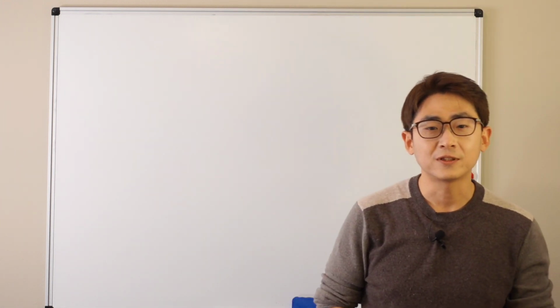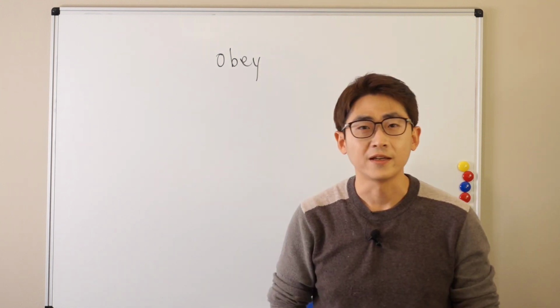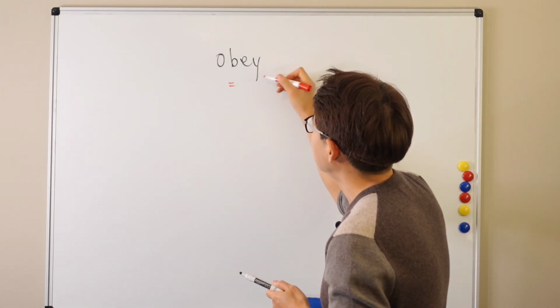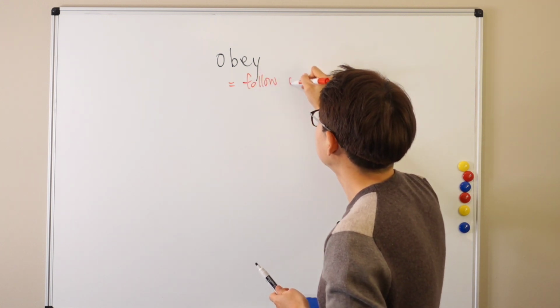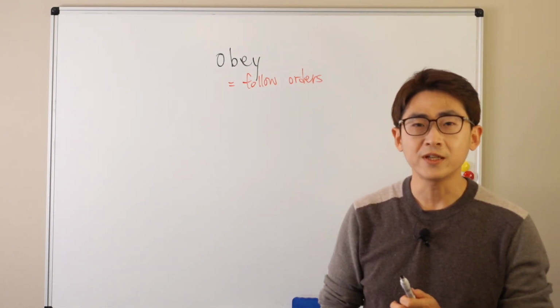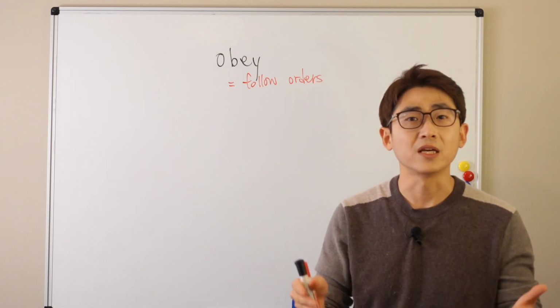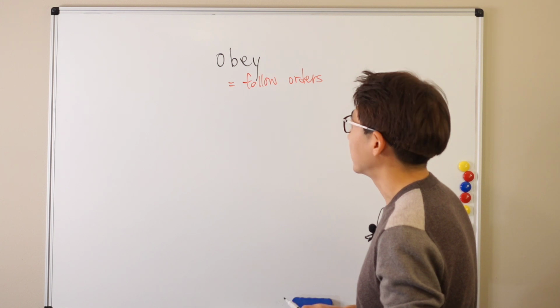The first example I would like to do is obey. All right, and this word means follow orders. So when you're given orders, you follow those orders right to the letter, and that is when you obey orders.